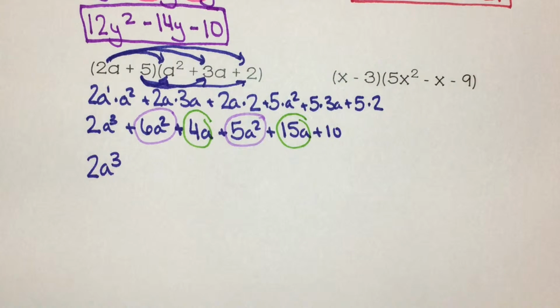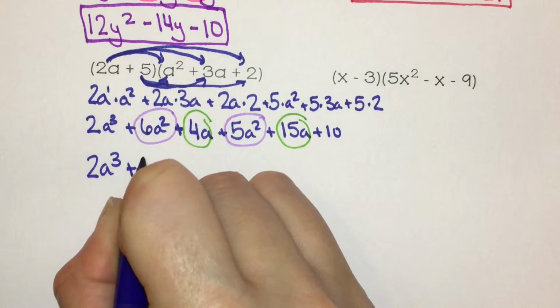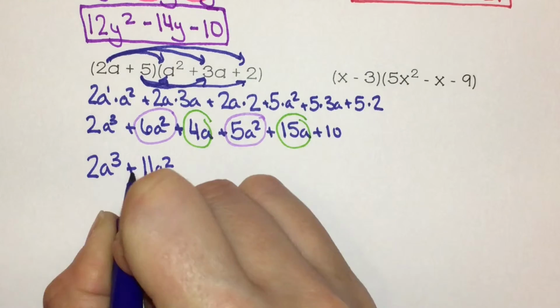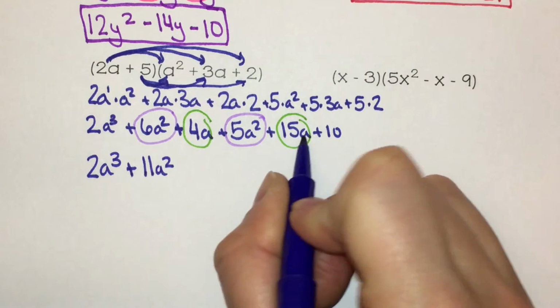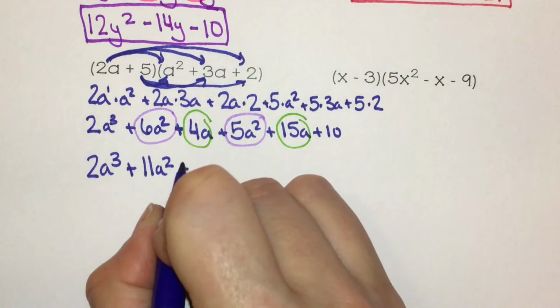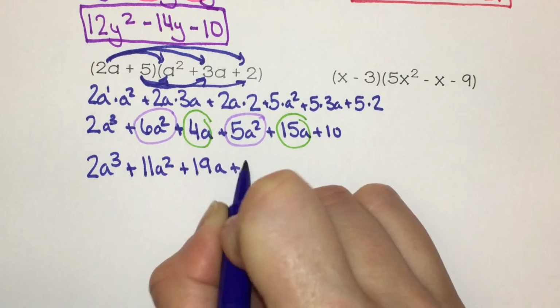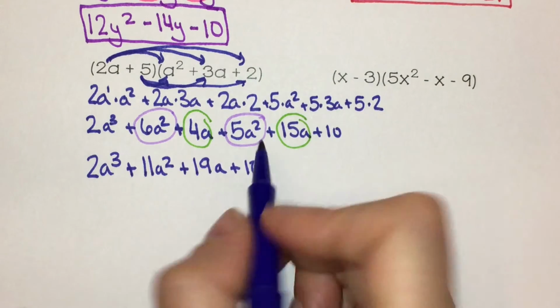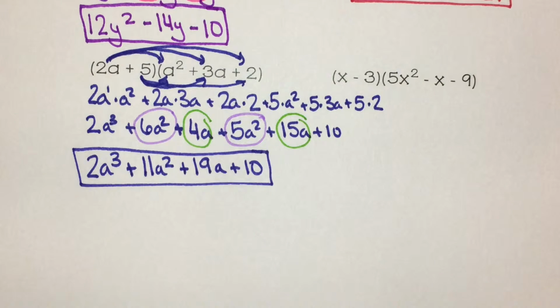Then we have 6a squared plus 5a squared leaves us with positive 11a squared, so I put a plus because it's positive. Then we have 4a plus 15a is 19a, and because that's positive, I'm putting a plus 19a. And lastly, we have plus 10. And that is our answer.